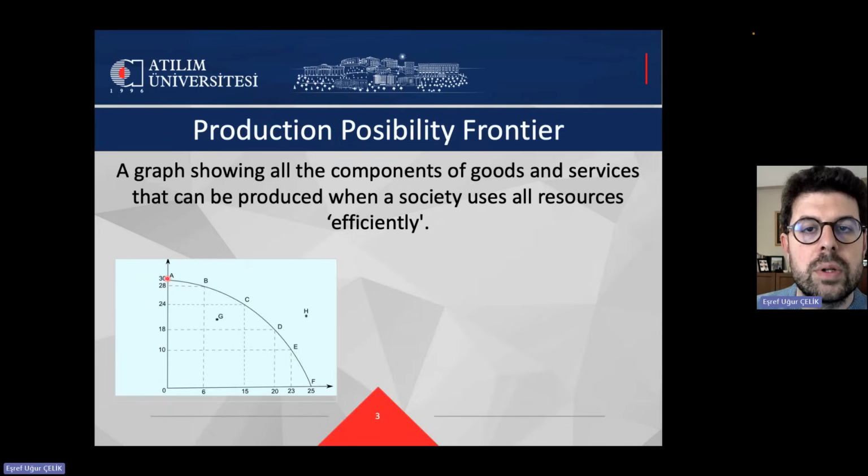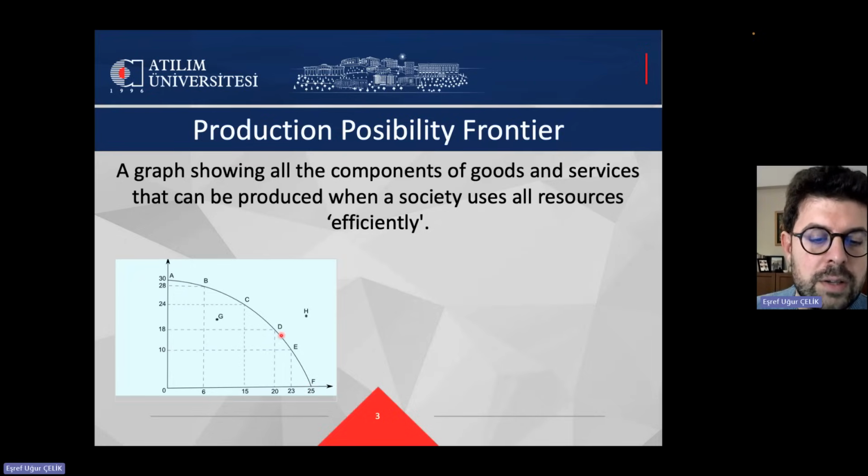If you are on the production possibility frontier, like A, B, C, D, E, and F, you are on the PPF. That means you can use your resources efficiently.